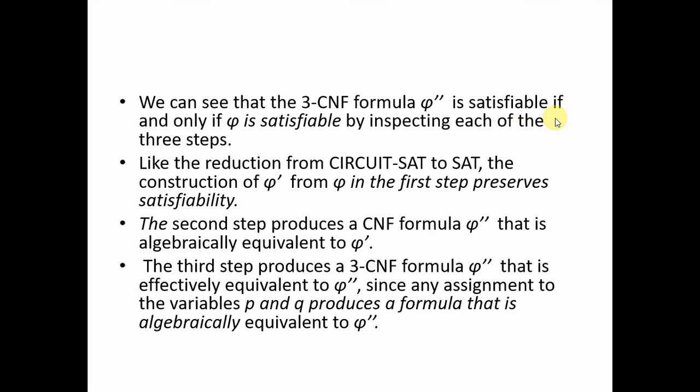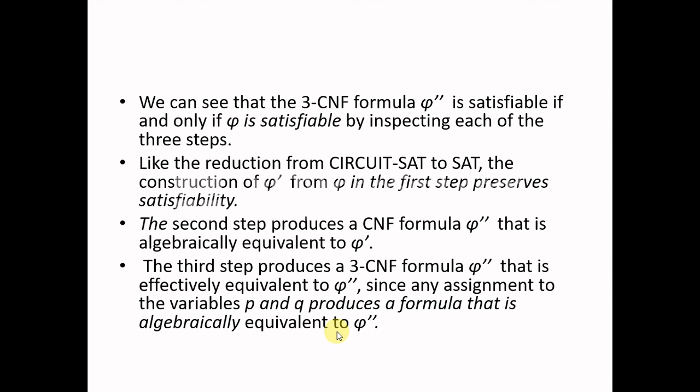And the third step produces a 3 CNF formula, known as phi triple dash, that is effectively equivalent to phi double dash, since any assignment to the variables P and Q produces a formula that is algebraically equivalent to phi double dash. Okay, so whatever we do, all these 3 are equivalent, and if they are equivalent, then it preserves satisfiability.